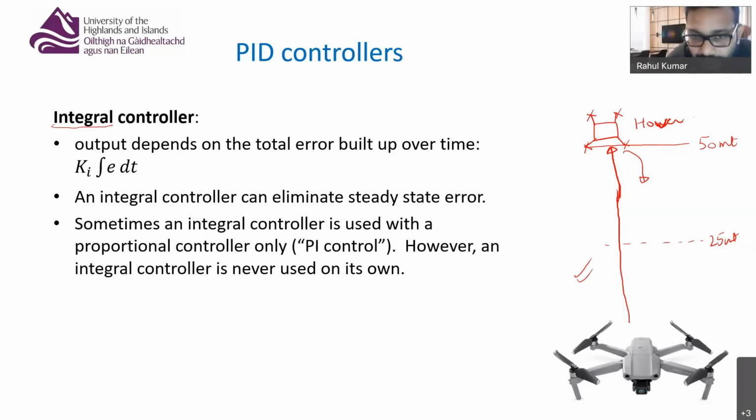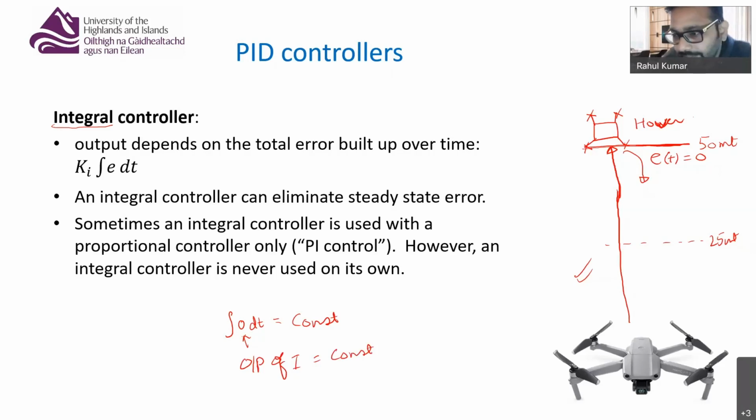So this integral controller, since the integration of 0, now after reaching the 50-meter point, the error is 0. E of t is 0 because it has reached the finish point. So the error is 0, and the integration of 0 is a constant.